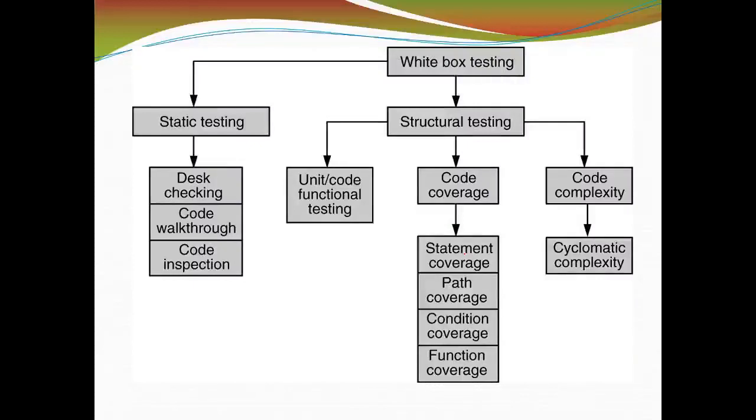White box testing is divided into two types, that is static testing and structural testing. As we have already seen in the previous topic, the difference between verification and validation, or quality assurance and quality control: this side process, static testing, is a verification process, whereas structural testing is a validation process.